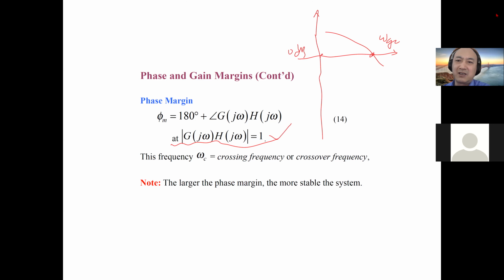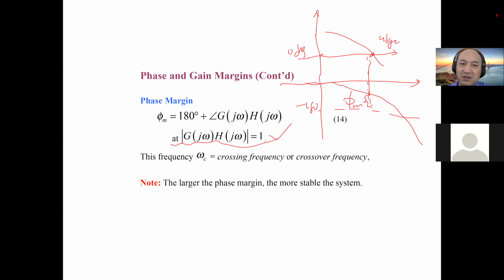Then I want to check my phase. So is it 0 degrees all the way until here? I want to check what corresponds to omega GC. What is the phase in here, the distance from here to here? So 180 plus this one, and this one is negative. So this is what's left. This is phi m.